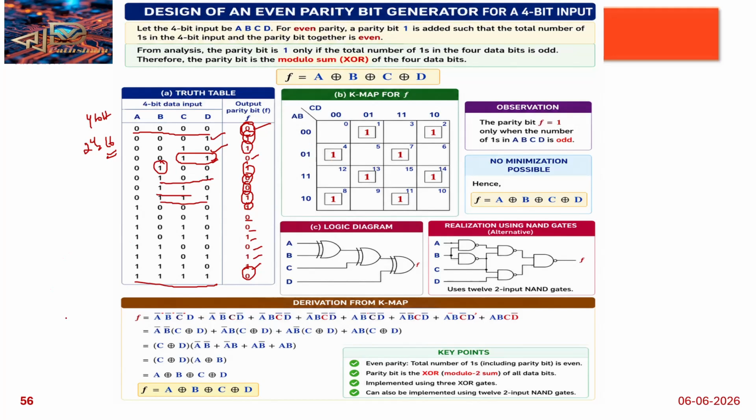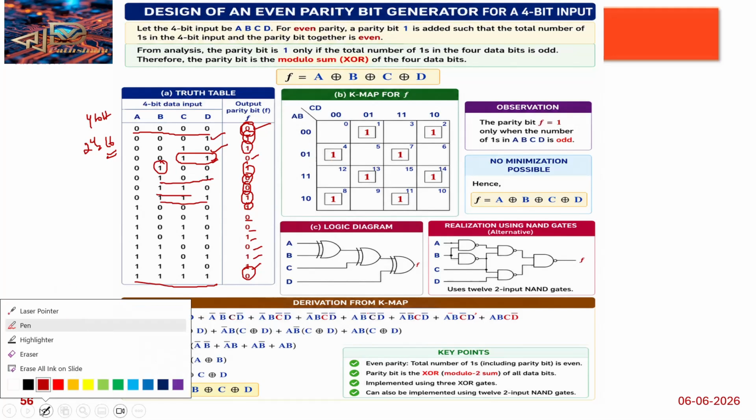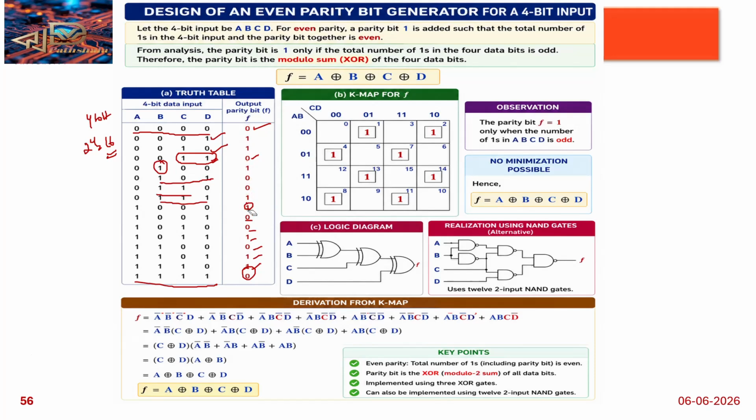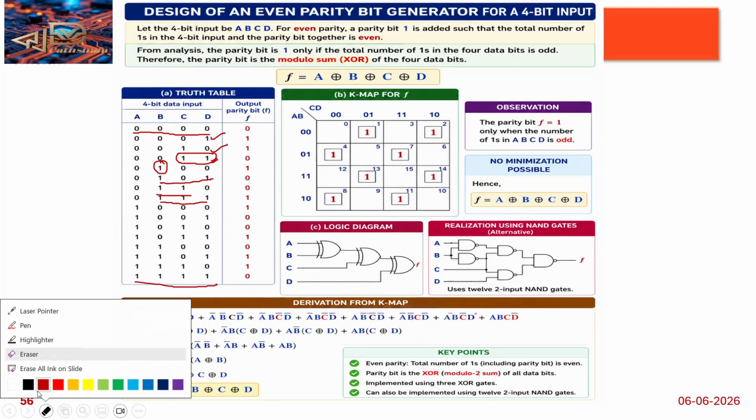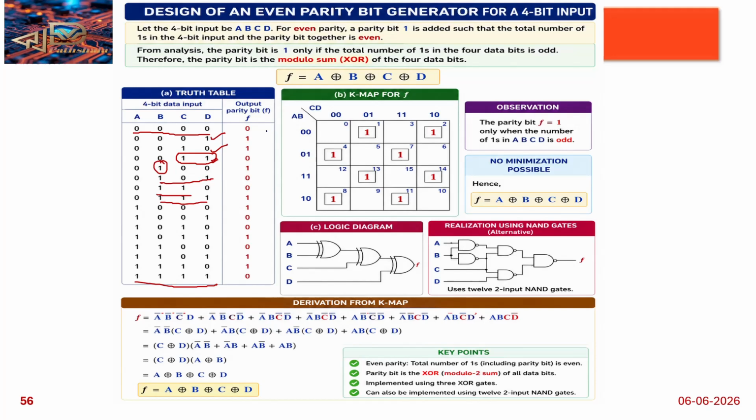So where we got ones here, based on the values, we need to find the K map and then find the output equation here. Okay, so that output equation where we are getting, just see this is the output equation. 0, this is 0 1 2 3 4 5 6 7 8 9 10 11 12 13 14 15.